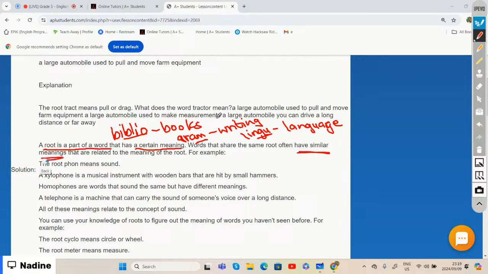So if we find a word, for example with biblio, like biblio is to do with books, it's a list of books or articles that you had to write down to show this is where I got my information from. So then we have the word bibliography. Whatever word we find with biblio in front is going to have a similar meaning of books or of books.